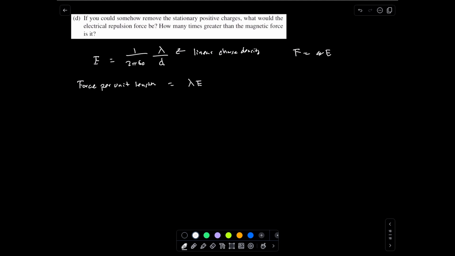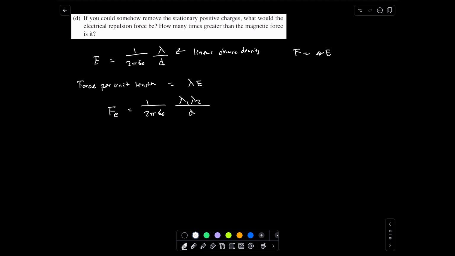So putting these two together, we get our electrical repulsion. Knowing this, we can express the force of the electrical field between two wires, and this is written as Fe equals 1 over 2 pi epsilon naught lambda 1 lambda 2 over D.